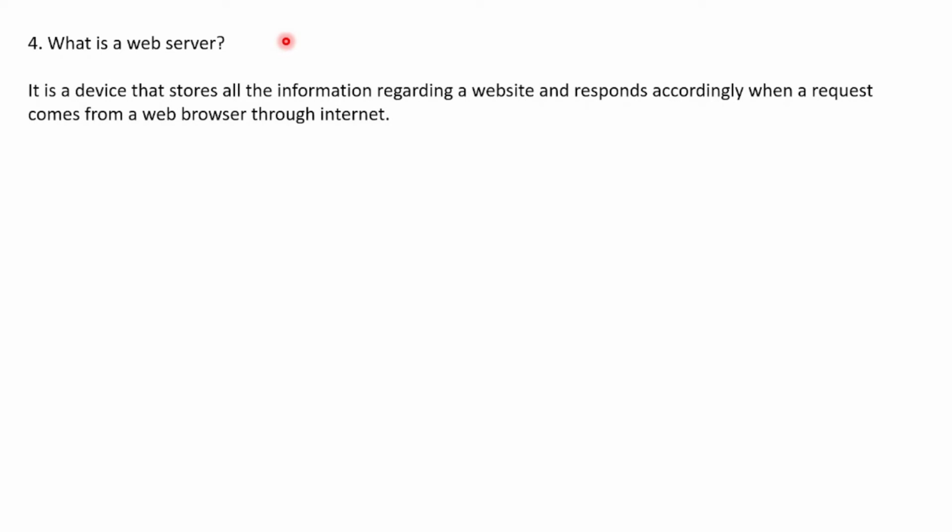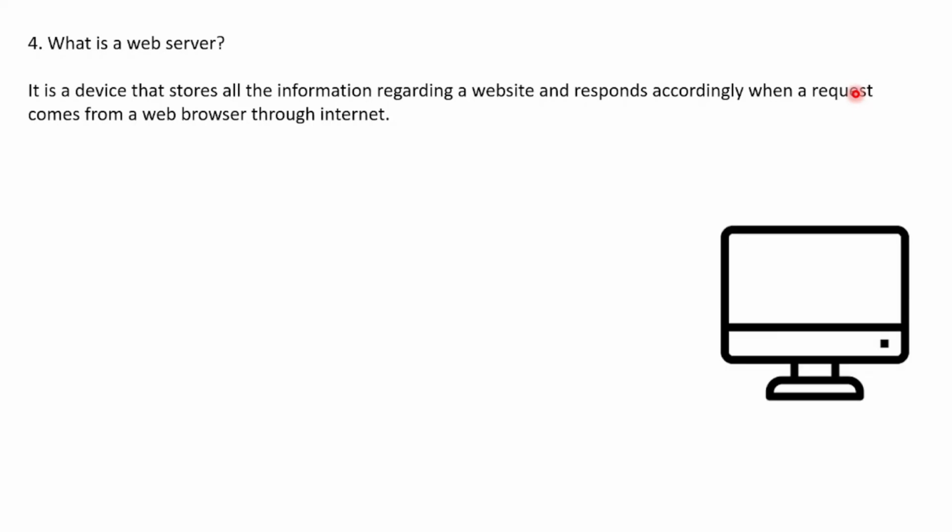So when you create a request from your web browser, like let's suppose you search for www.google.com, this request will be transferred through the internet to the server of Google, and then it will give you a response in the form of the website: HTML, CSS, and JavaScript. It will share the files of HTML, CSS, and JavaScript with you, and the web browser will convert them in a way that you can properly see.